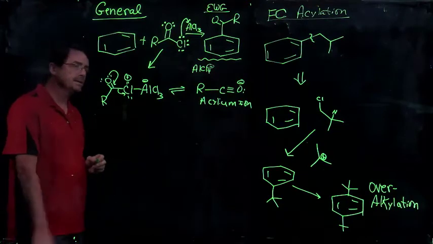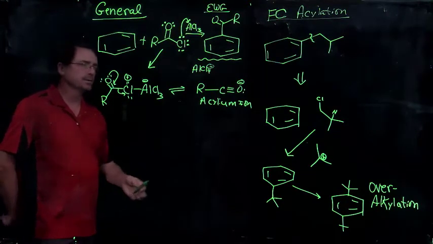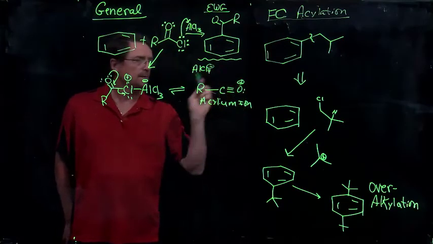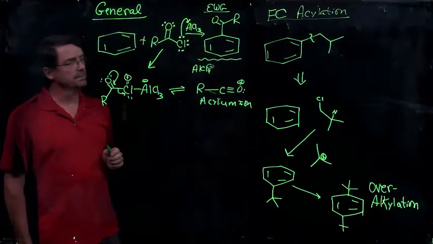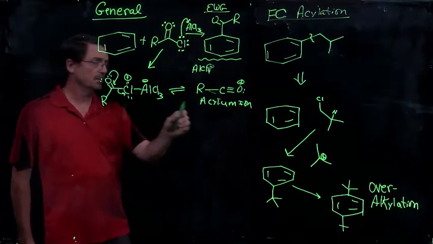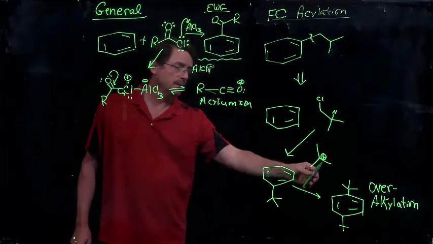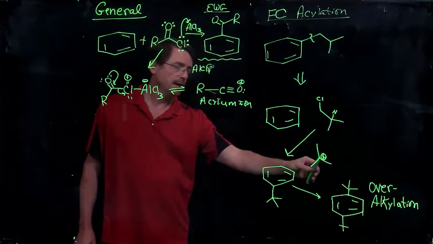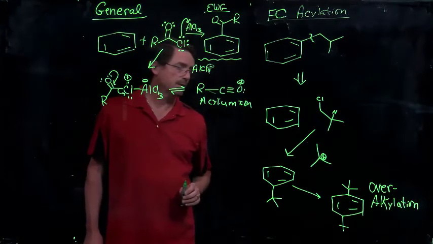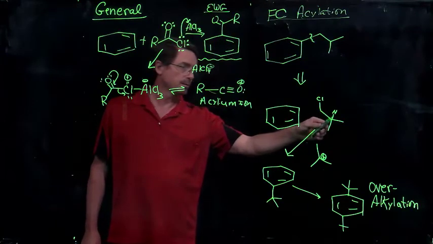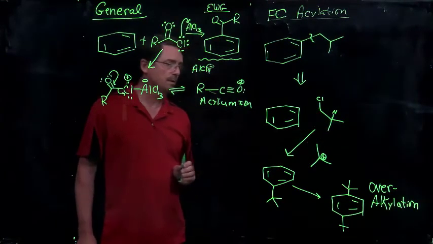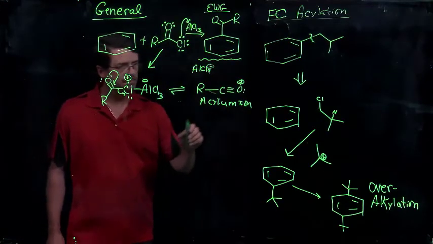Now this acylium ion, I want you to notice the difference. Every atom in this, and that should be a plus, not a minus, in this acylium ion has an octet of electrons. Remember in our carbocation that we looked at a minute ago, it does not have an octet of electrons, and that's what contributes to the rearrangement to put the cation at the tertiary carbon instead of the primary carbon.